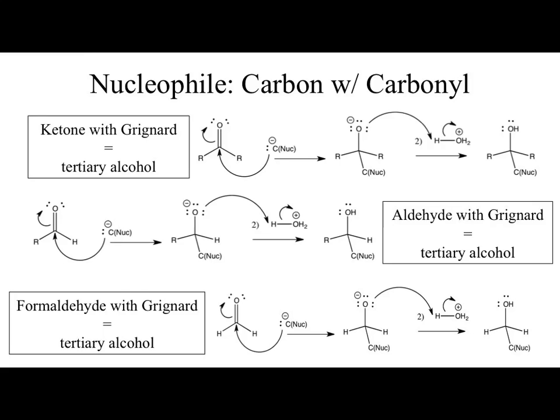So the intent is recognizing how the carbonyl can react with that negative carbon. The next problem is going to become, how do we make a negative carbon? Okay? And because the next slide actually gives away the answer, let's take a step back. Have we seen a negative carbon before? Yes. How did we generate a negative carbon before?